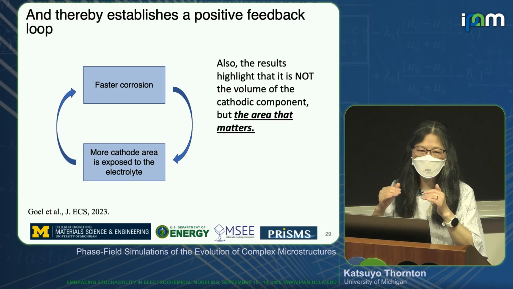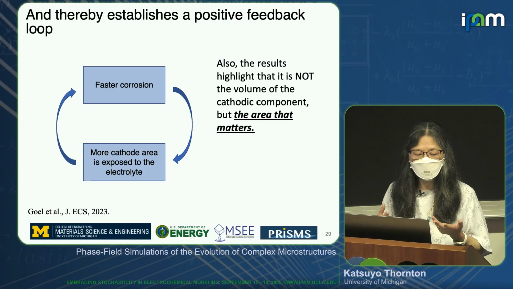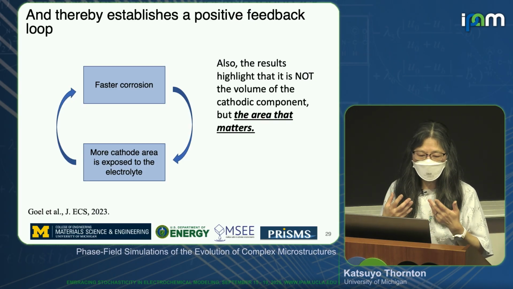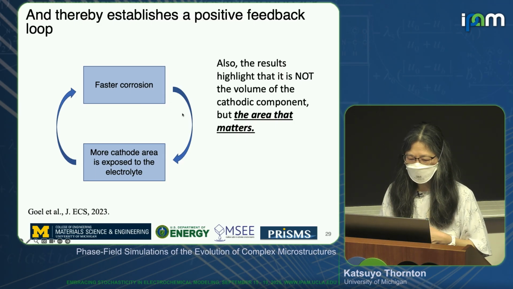Surface in contact with the electrolyte, and the cathodic effect becomes larger and larger. So you get even faster corrosion as time goes. And as I pointed out, it's not the volume of the cathodic component, but the area that matters.